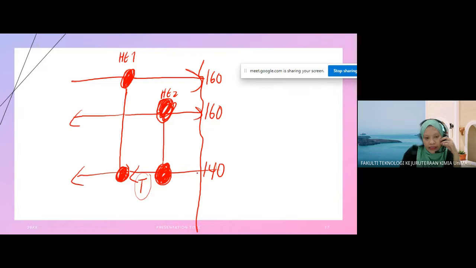For example here, at this stream, you know that the supply temperature is 140, right? And then what is the exit temperature of this heat exchanger? You need to calculate based on delta H equal to Cp delta T, right? So you need to calculate this temperature.